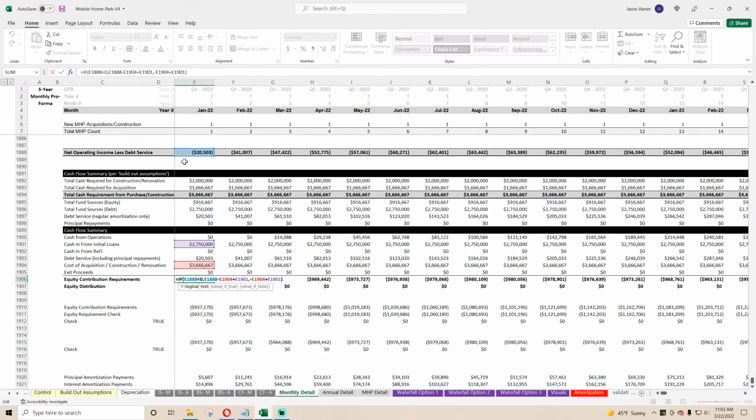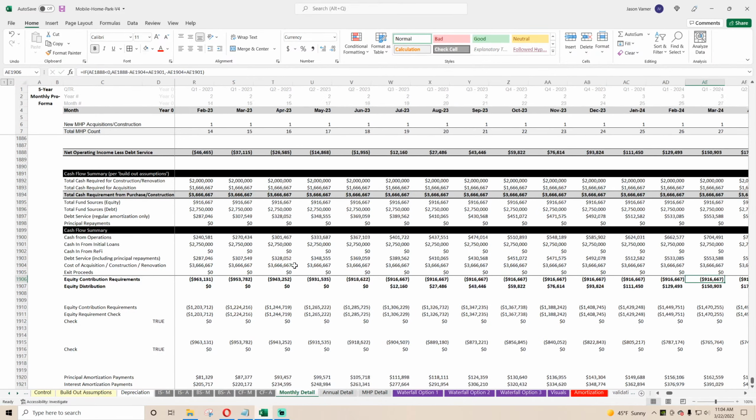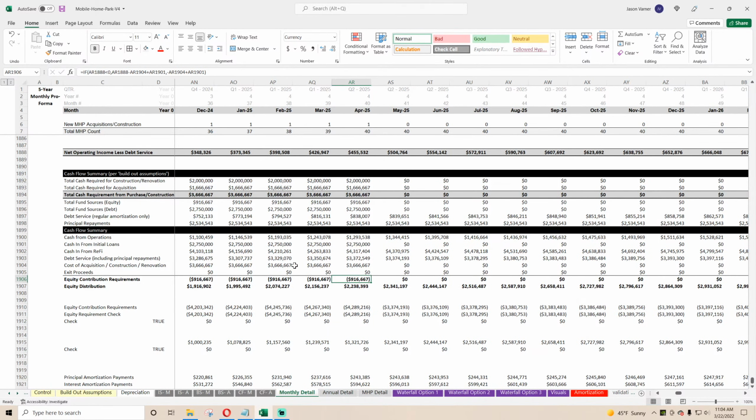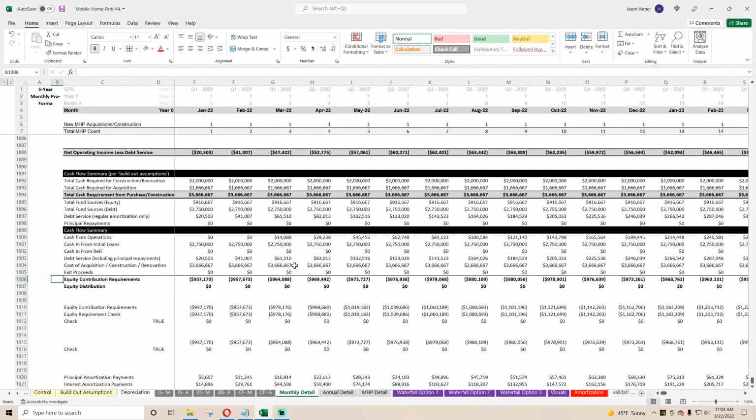So this is just saying if the net operating income after debt service is less than 0, then take whatever that number is, so essentially any operational burn, minus the total acquisition construction plus initial loan amount. Otherwise, just do cost plus that. And I'm assuming this goes to 0 after we stop buying stuff. Yeah, okay. All right. Now the only thing is, yeah, that's fine.